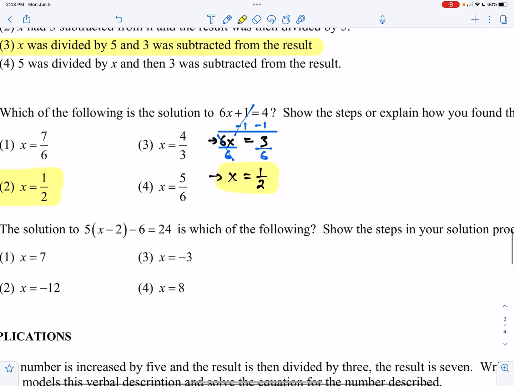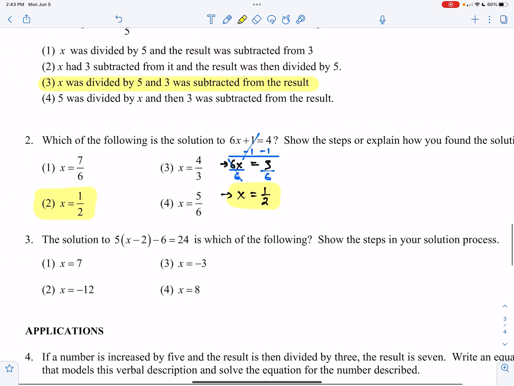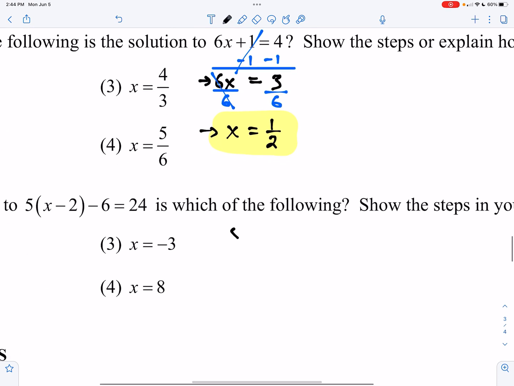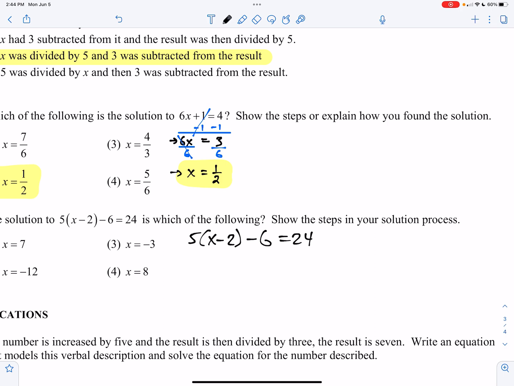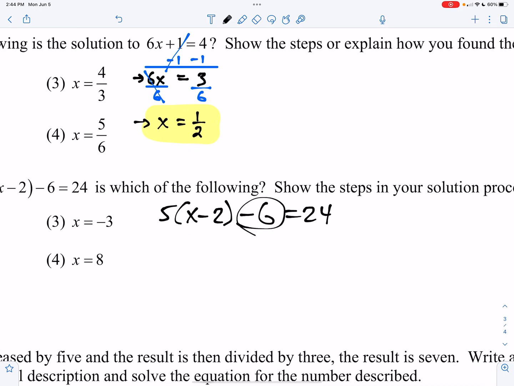Number 3, the solution to 5 times x minus 2, minus 6 is 24. Let's figure this one out. So 5 times x minus 2, minus 6 equals 24. There's a couple ways we could go about doing this. We could start by adding the 6 to both sides, or we could distribute through parentheses.